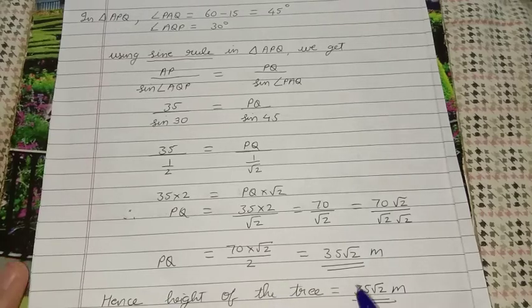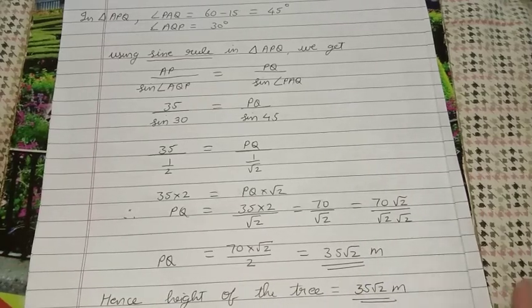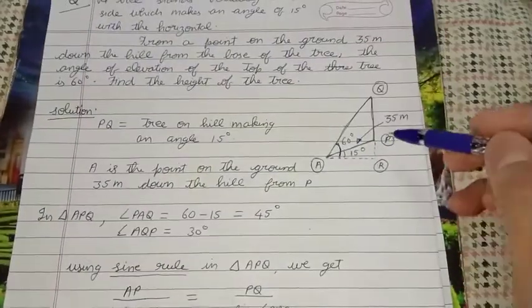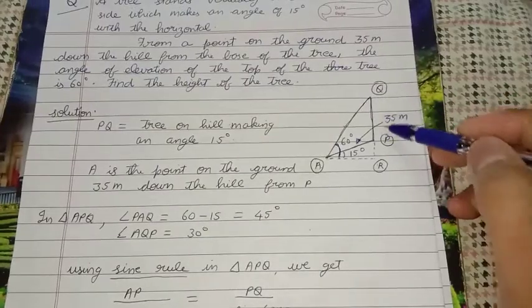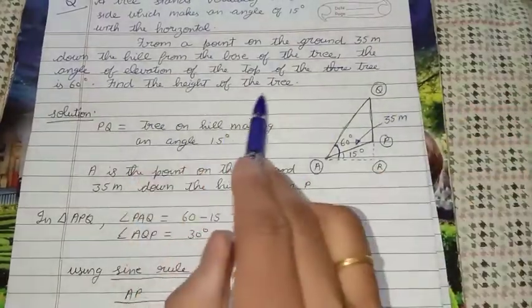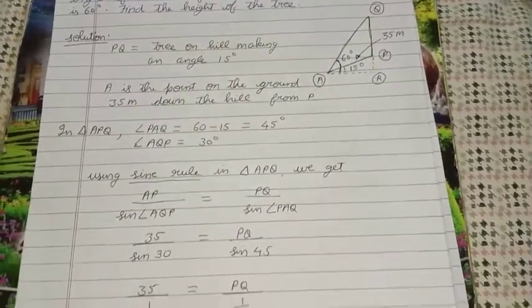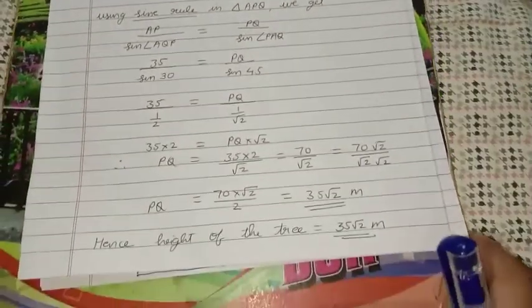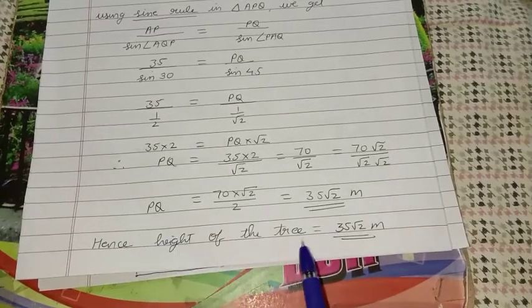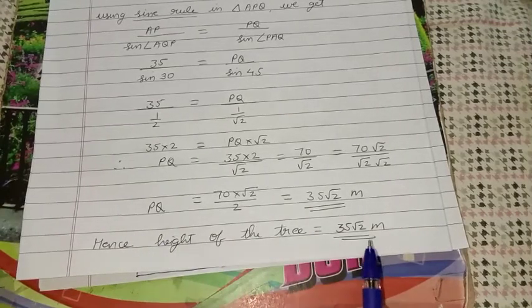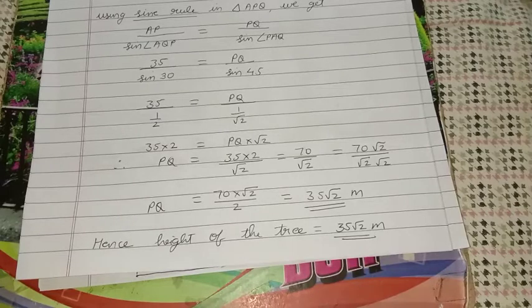So PQ is equal to 35 root 2 meters. Now what was PQ? It was the height of the tree, and that was the question asked. So in this problem we used trigonometric ratio as well as the sine rule, and finally we got an answer: the height of the tree is 35 root 2 meters. Hope you are getting this.